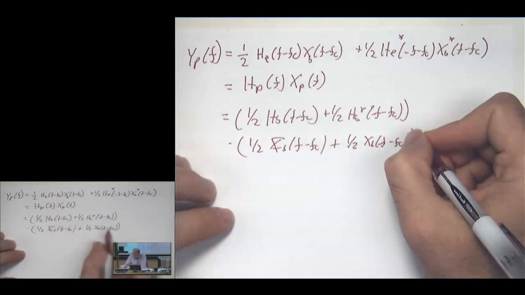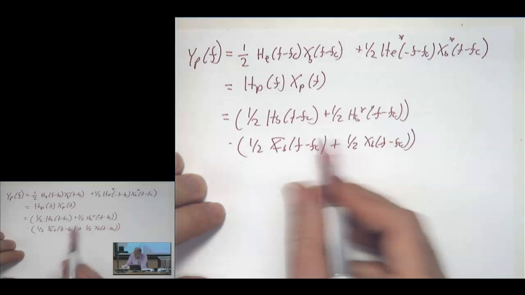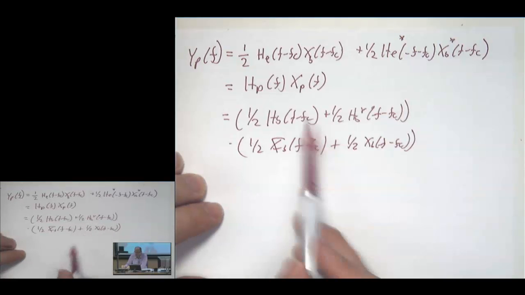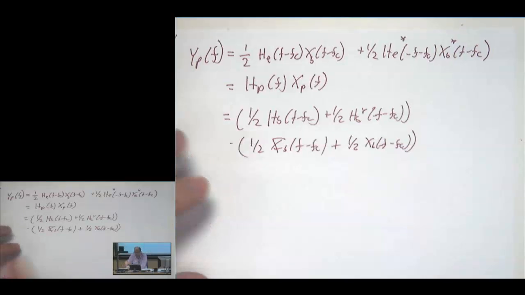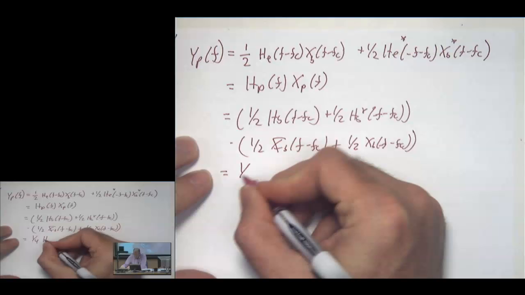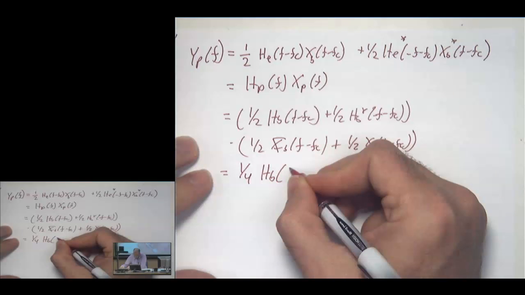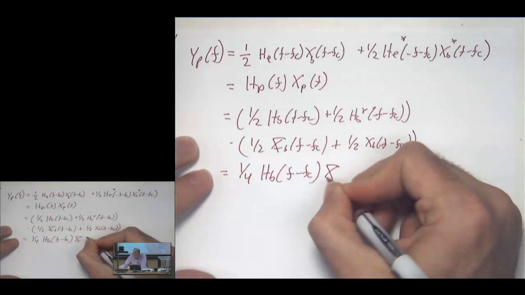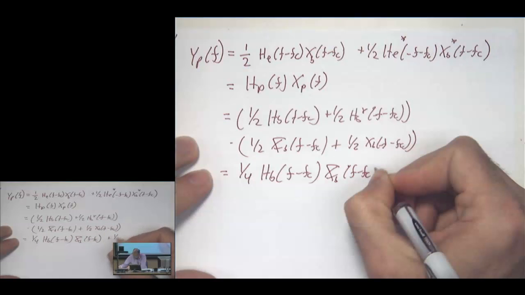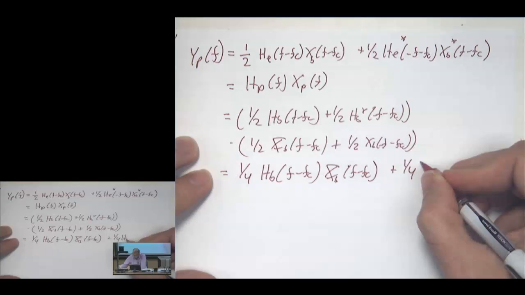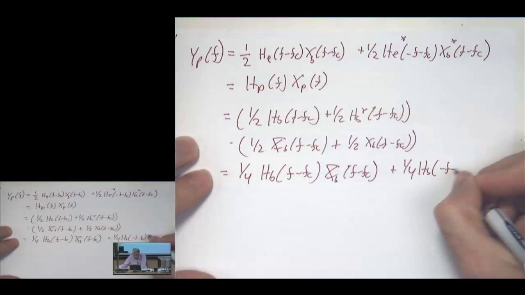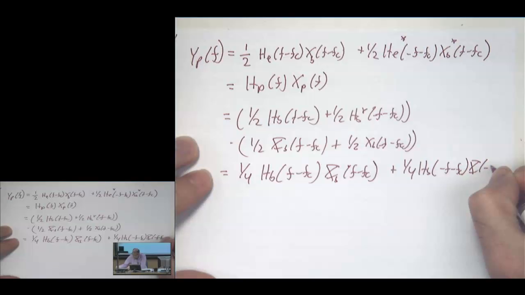Then we multiply this out, and notice that these cross terms here are 0 because they're occupying different places in frequency. So we multiply this out, we get 1/4 H_b of f minus f_c X_b of f minus f_c plus 1/4 H_b star of minus f minus f_c X_b star of minus f minus f_c.